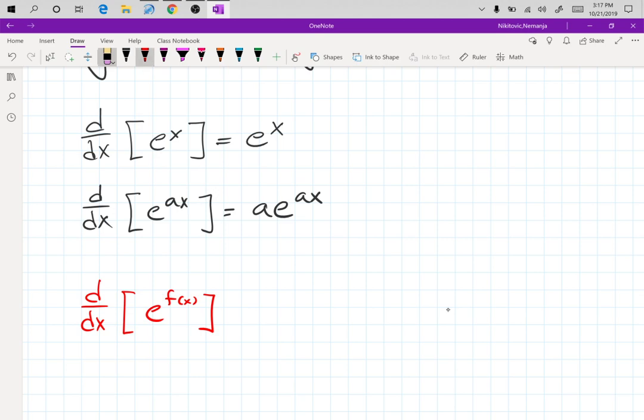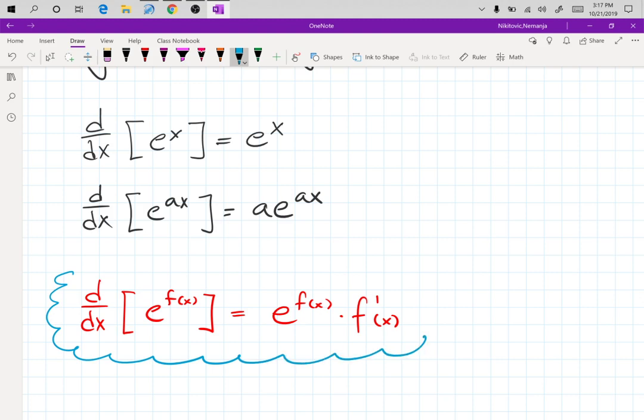And when you take the derivative, we know that the derivative of e to the x is e to the x, so the derivative of e to the f of x is e to the f of x, and then you multiply by the derivative of the exponent. So you can now have the derivative of an exponential function. And guys, this is the formula that you should memorize.